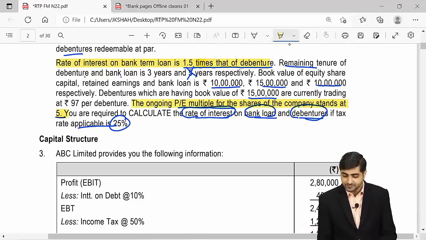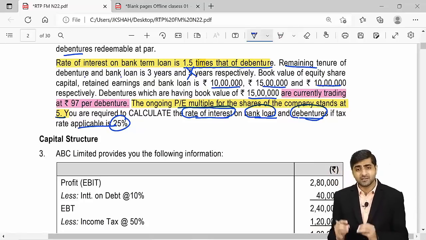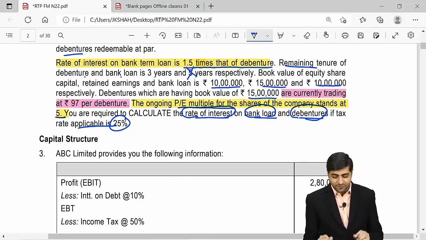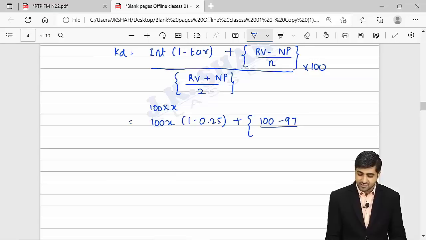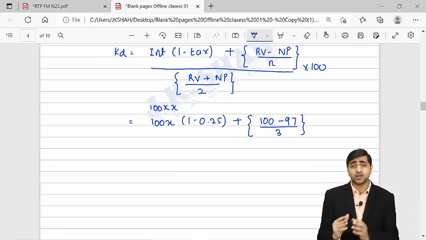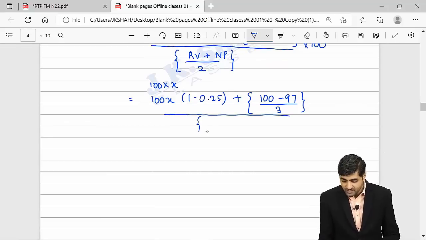They have mentioned that this particular debentures are currently trading at rupees 97 per debenture. So now my net proceeds will be 97 and the life of my debenture remaining is 3 years. So guys, when we have the market price available, we can replace your net proceeds with the market price, and then we will take on an average of 100 plus 97 divide by 2.